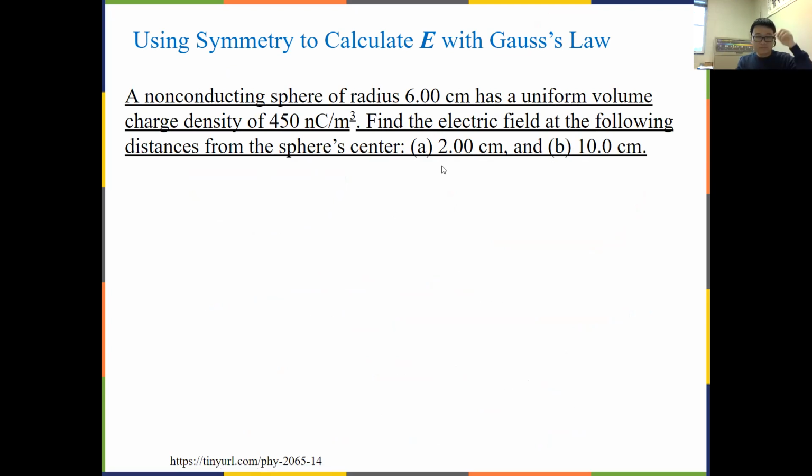Okay, so let's draw this charge distribution. Imagine this is a sphere that has a radius of r equal to 6 centimeters.